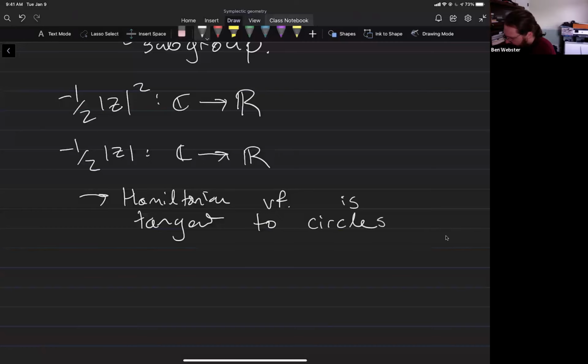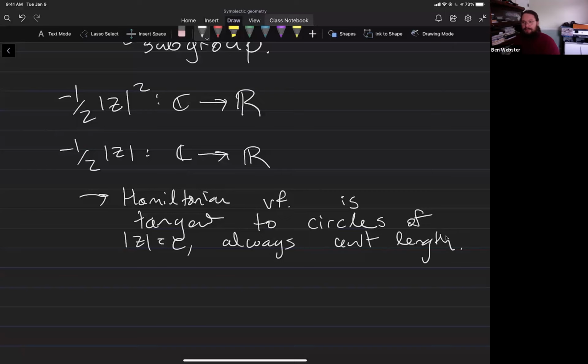Exactly, circles where this distance is constant, right? Like the level sets are exactly the same. Yeah. So in fact, the orbits of the Hamiltonian vector field are exactly the same because in 2 dimensions those are exactly the level sets, but it always has unit length. So you traverse these level sets always at unit speed.